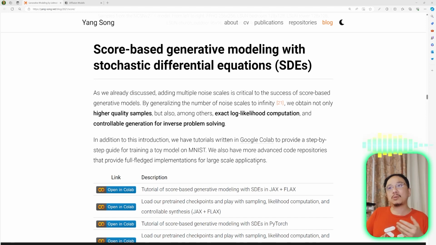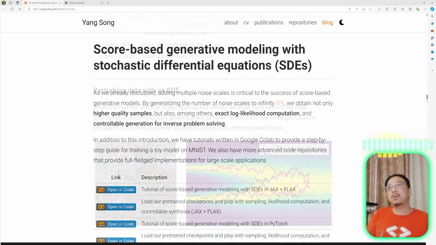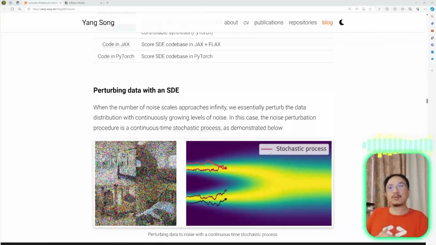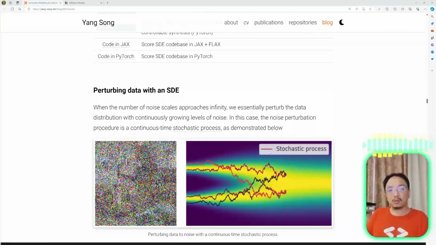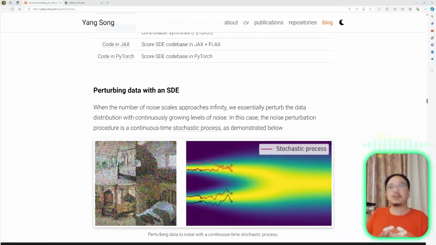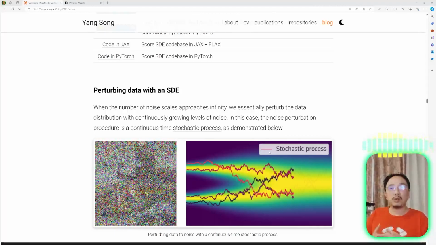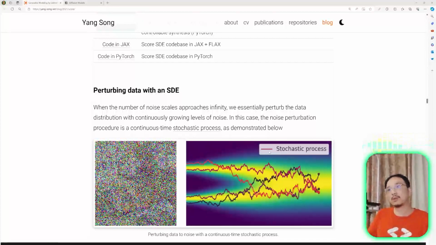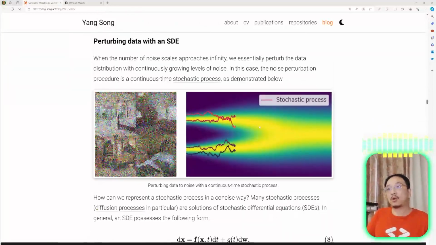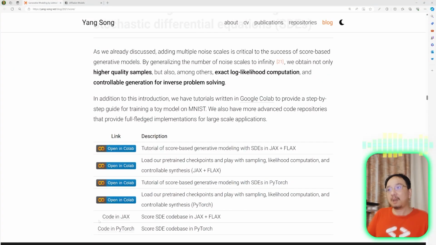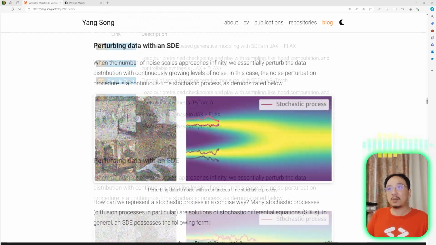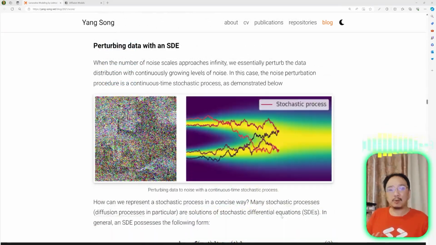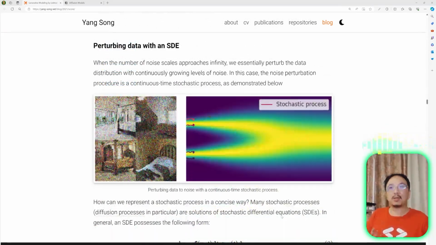We can model the whole score-based approach in the language of a stochastic differential equation, and use the tools for solving differential equations to help us find the score function. And here are some notebooks that implement this result.